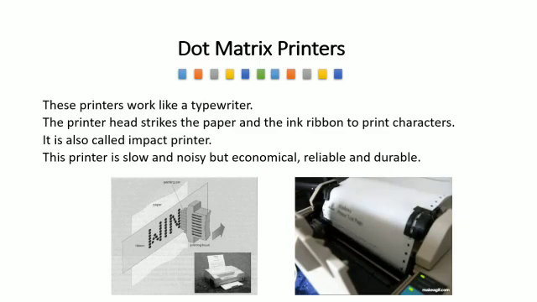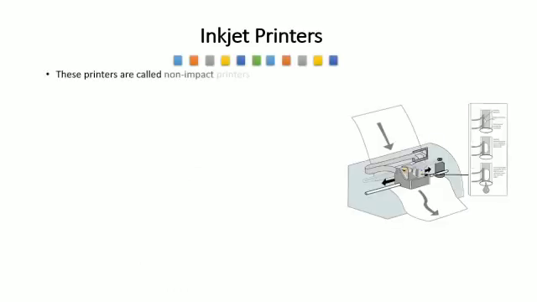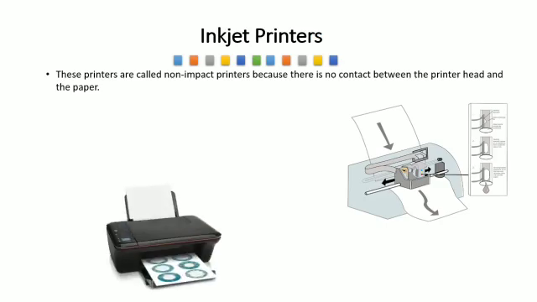Next one is inkjet printer. These printers are called non-impact printers because there is no contact between the printer head and the paper. Printing is done by ink spraying on the sheet of paper.